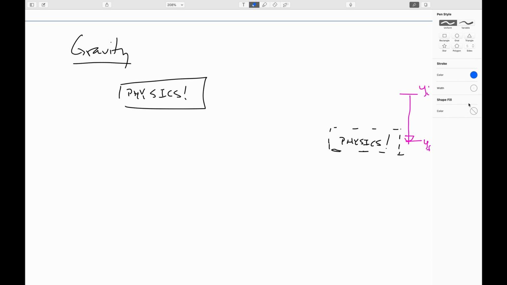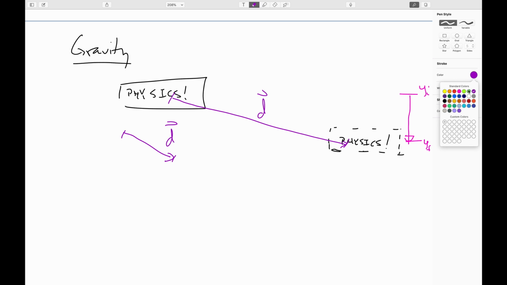So again, we'll take a look at a couple different paths. Let's look at this purple path. So here, this distance d. So we can chart this out. d is doing something like that. And gravity is the force we're thinking about here. It's got a point like that.